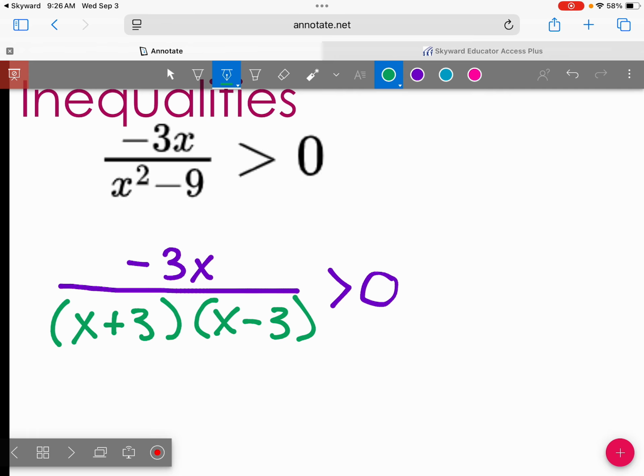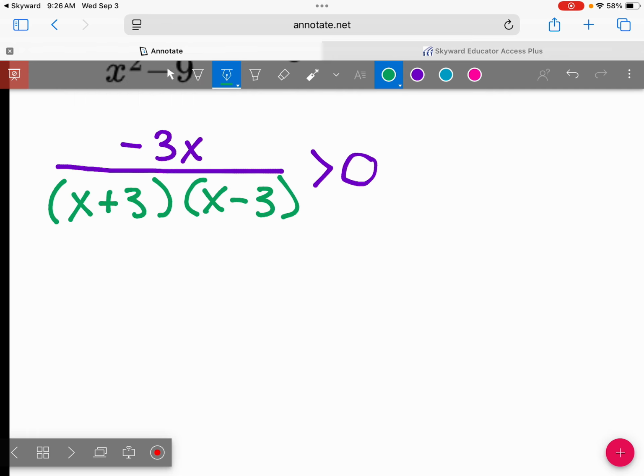So what are our roots for this one? What are the values we're going to use? Three and -3 and 0. In our numerator, -3x equal to 0, we get a root at x equals 0. So we can't forget about it just because it doesn't look like a factor.